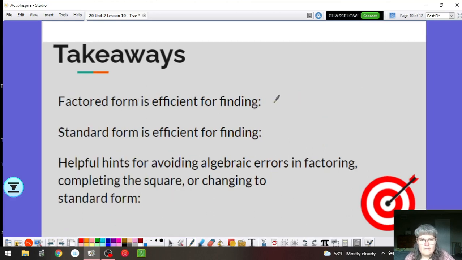Factored form is efficient for finding the x-intercepts. I'm going to say the x and y-intercepts, and the vertex. Standard form is efficient for finding the y-intercept.